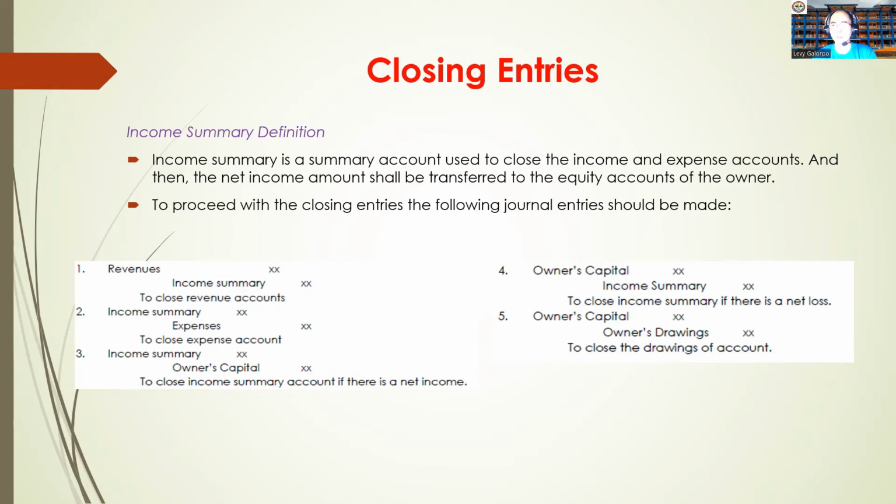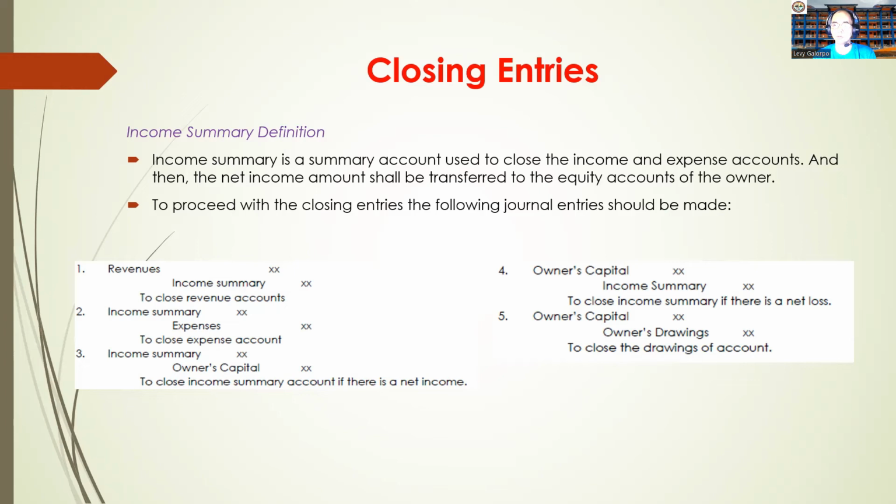Sa number 4, debit owner's capital, credit income summary. Ito naman, kung ang result ng business operation ay net loss. Kagaya kanina na loss tayo, 2,320. Therefore, yung loss na yun ay kabawasan technically sa capital. Kaya yung capital dito ay na-debit.